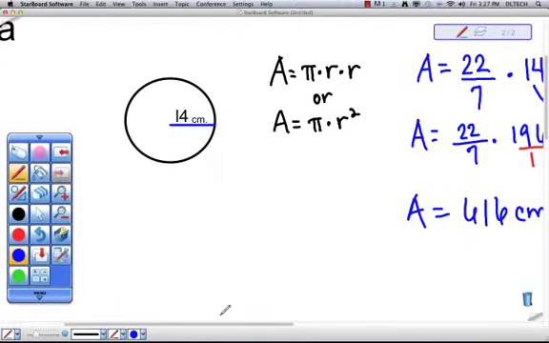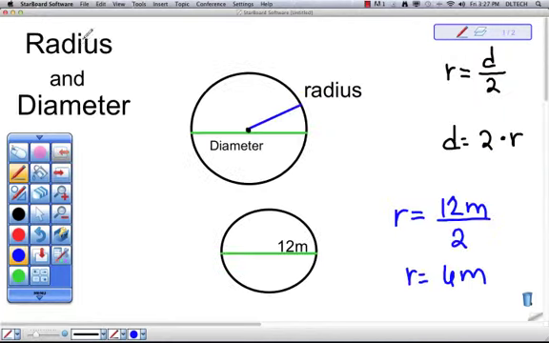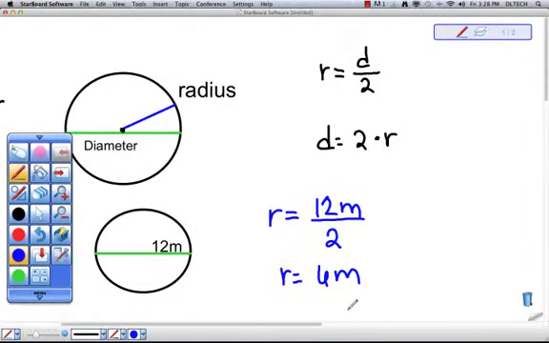Okay, let's quickly review what we just did. Radius is the segment that starts from the center of the circle and extends out to the edge of the circle. The diameter is a segment that crosses the entire circle. It cuts it in half. So if they're giving you the diameter and you need to solve for the radius, you use your formula for radius, which is diameter divided by 2.